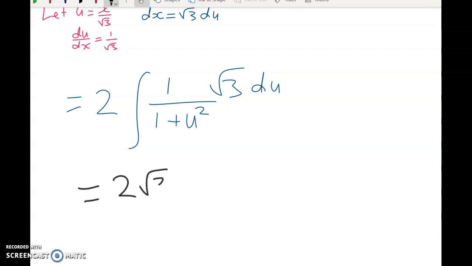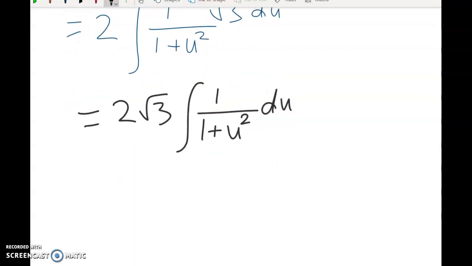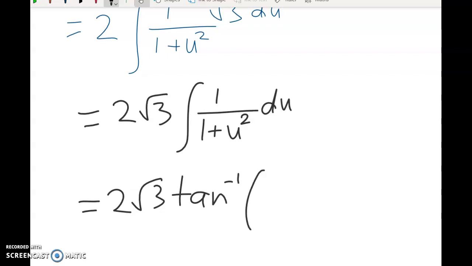So we get 2 root 3 times the integral of 1 over 1 plus u squared du. And we do need to substitute back in the u, but it's very easy. So that gives us equals 2 root 3 times tan inverse, and instead of u, I'm going to write it as x over root 3 plus c.